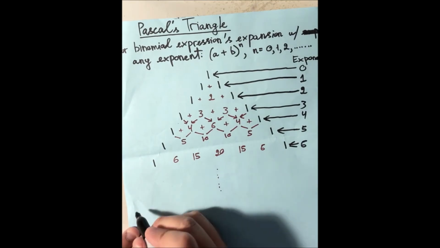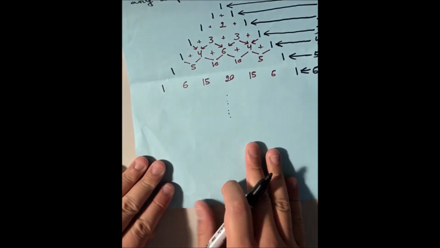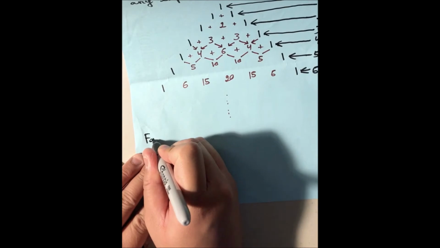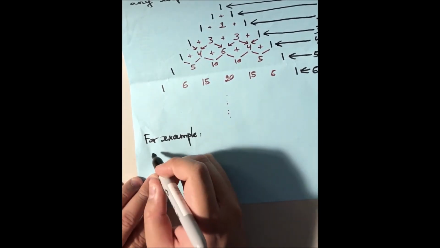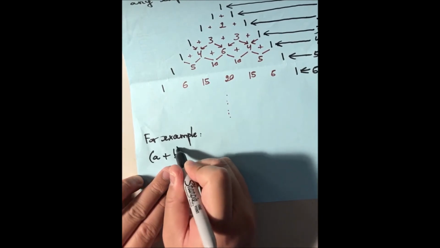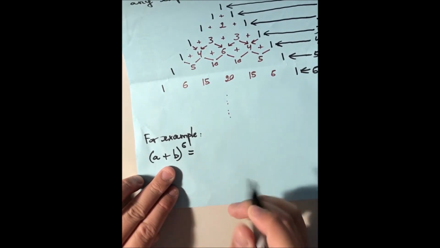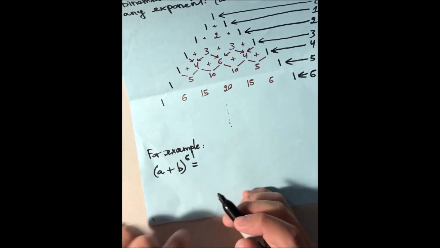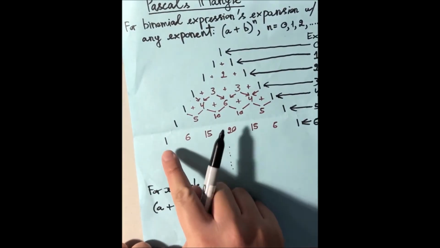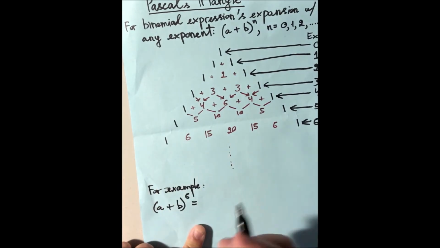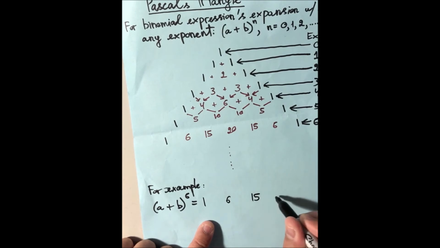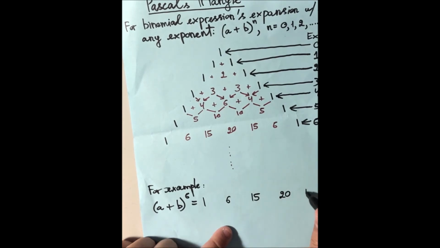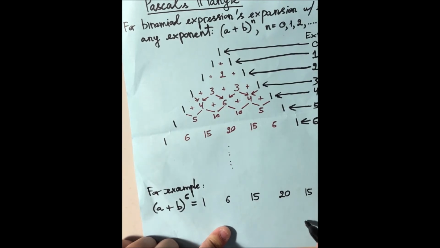So if you have a plus b raised to the 6th power, it is going to equal an expression having all of these coefficients. So you're going to have 1, 6, 15, 20, 15, 6, and then eventually 1.